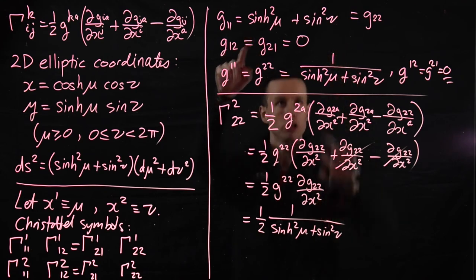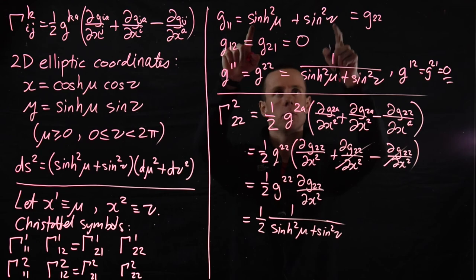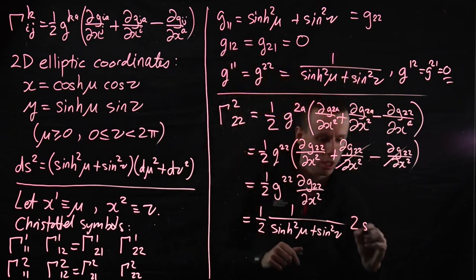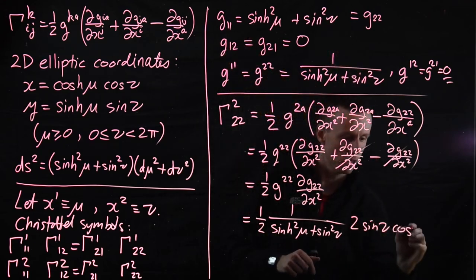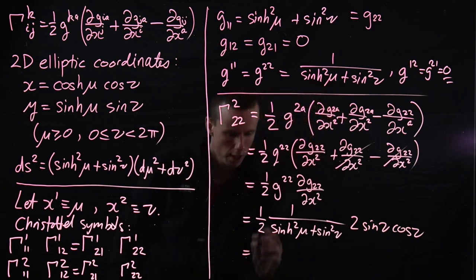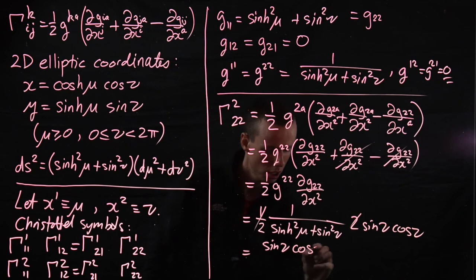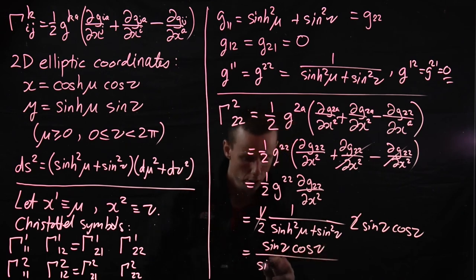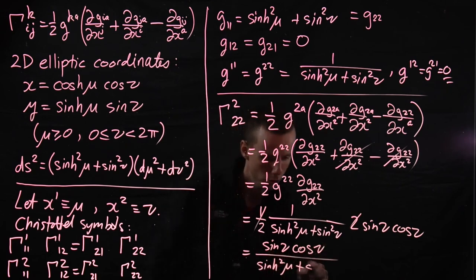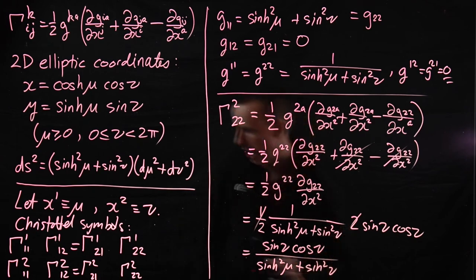Okay, so that bit turns out the same as in the last Christoffel symbol we found. So again, that'll be 2 sine nu cos nu. The half cancels the 2, and it turns out to be sine nu cos nu over sine squared mu plus sine squared nu again.